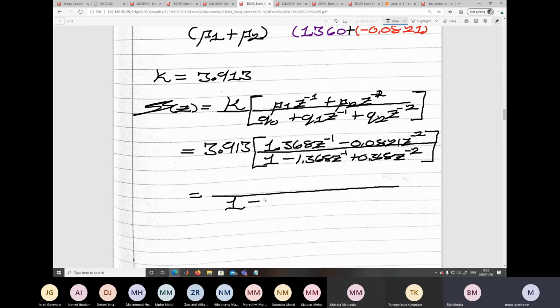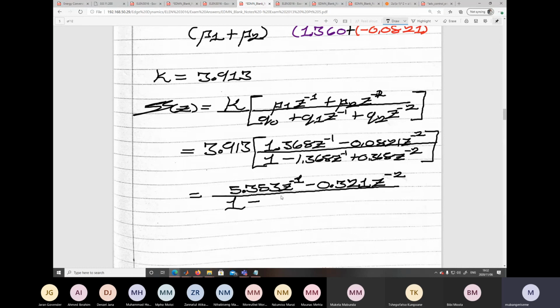I get 5.353 z to the minus 1 and minus 0.321 z to the minus 2.